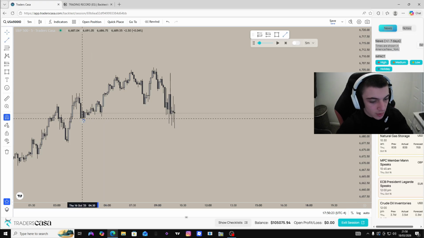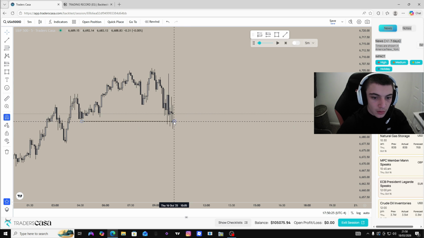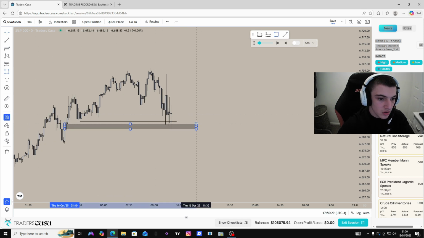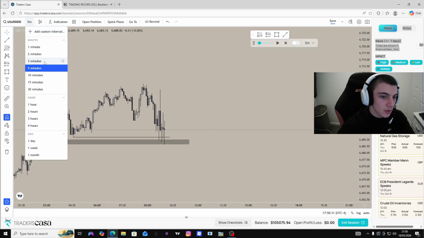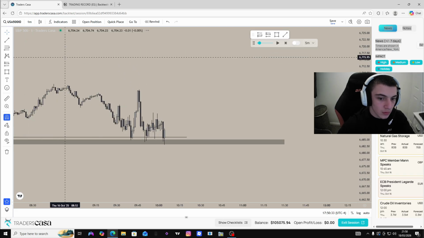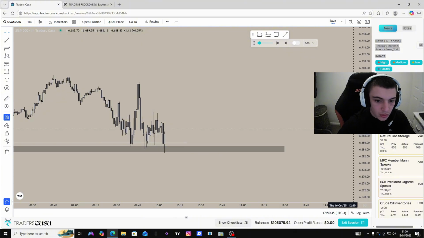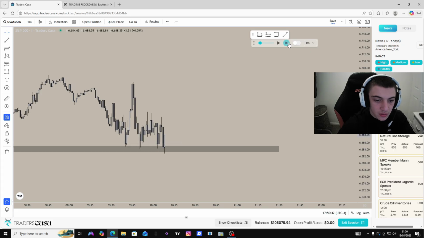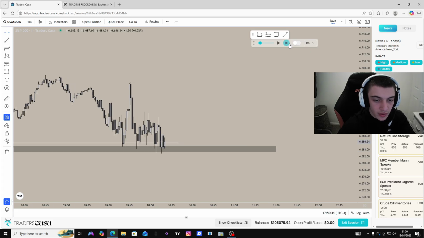We had a little sweep here. Tapped into an FVG. We'll look for little accumulation, manipulation, entry, distribution. I want to see a change in state really. Swept it again. We've left an FVG.